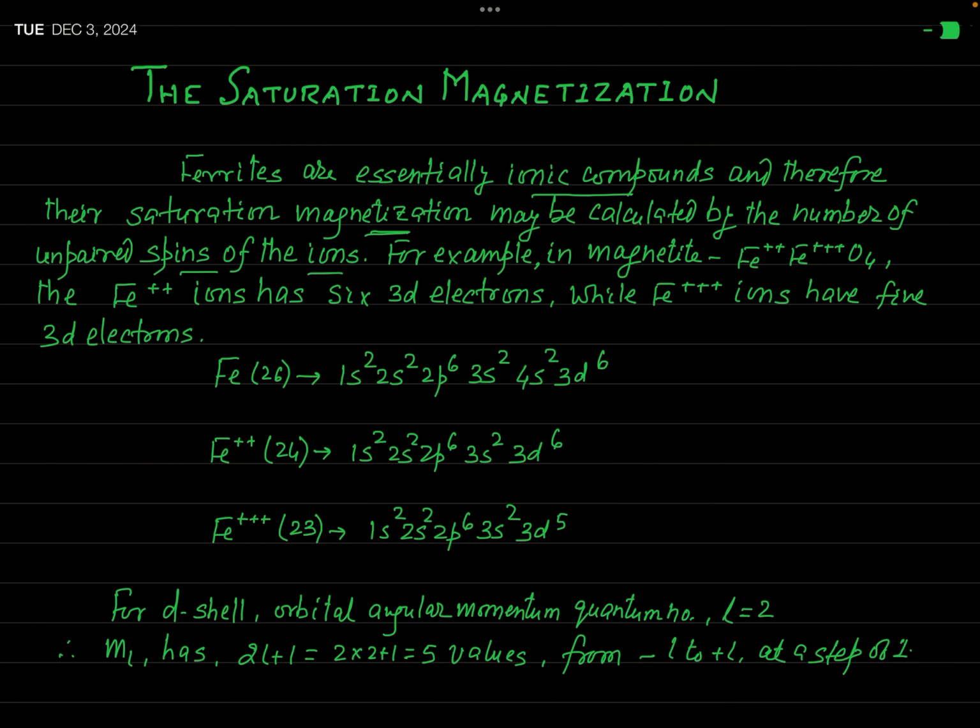To clarify this idea, let us take an example of magnetite, whose formula is Fe²⁺ Fe³⁺ O₄.